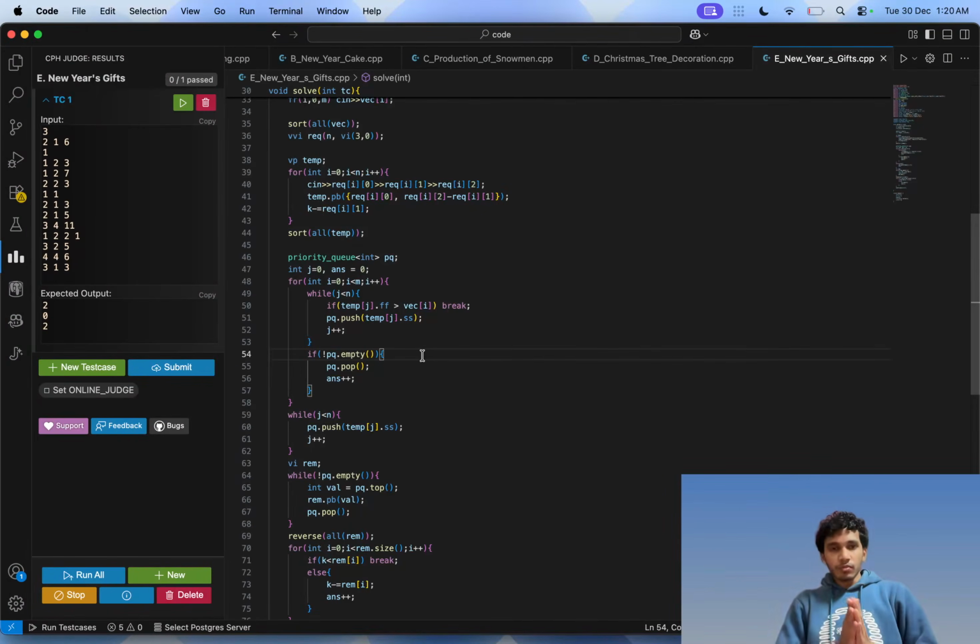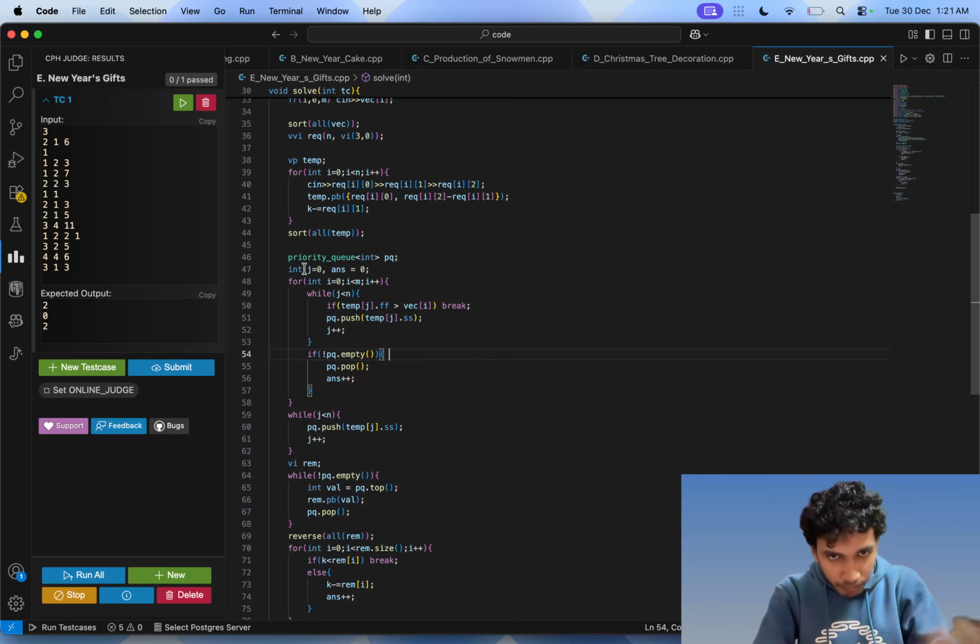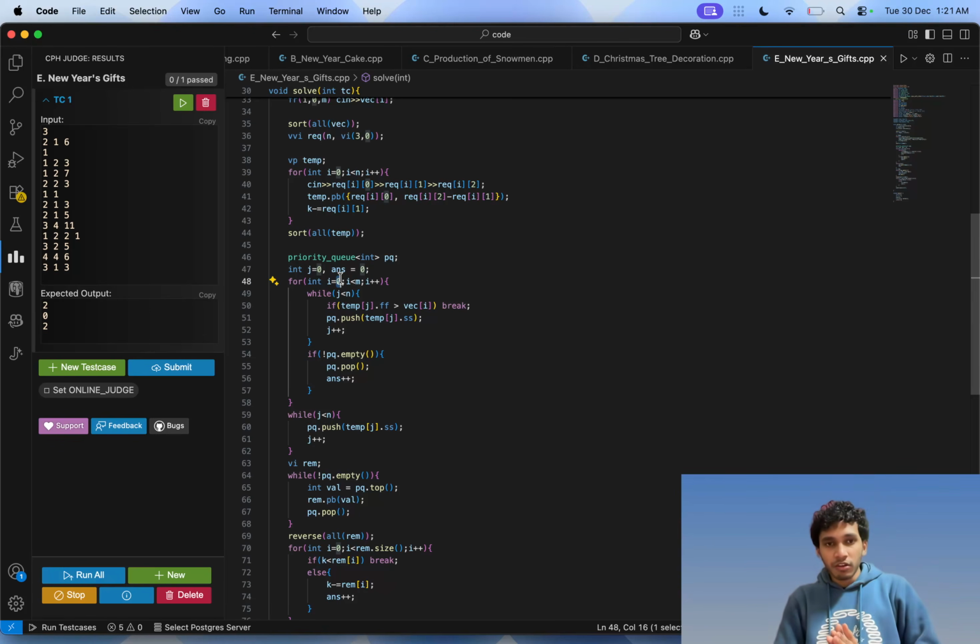Now at each step of choice of some elements that could be satisfied using current beauty, we want the element with maximum coins to be removed. Okay, the maximum coins required to make him happy, that element should be removed in every scenario. All right. So for the first gift, iterate over, because this is in ascending order.